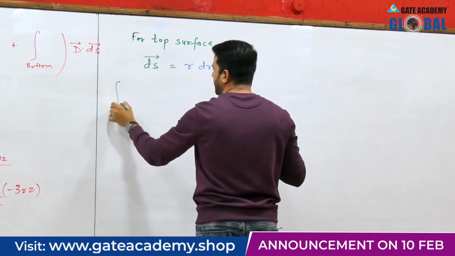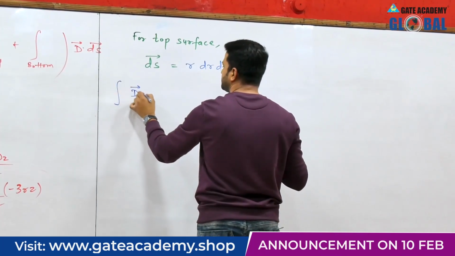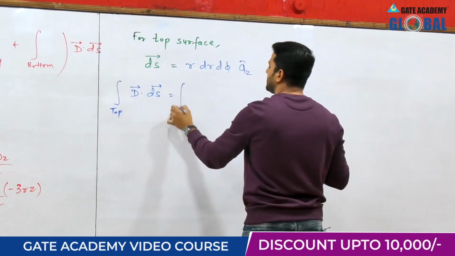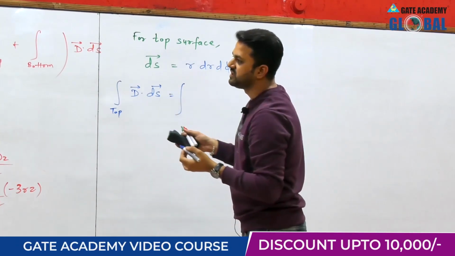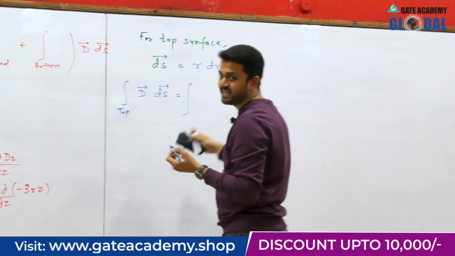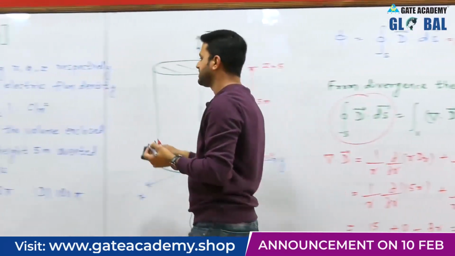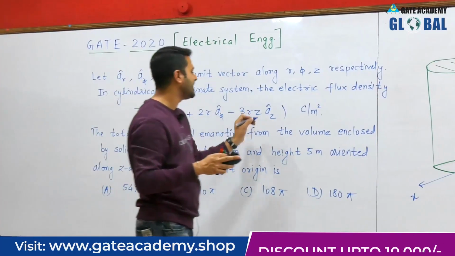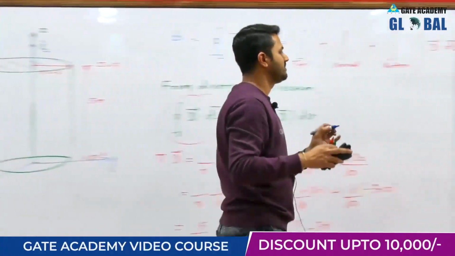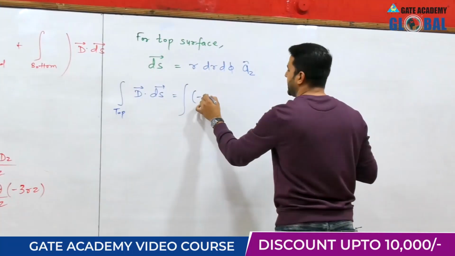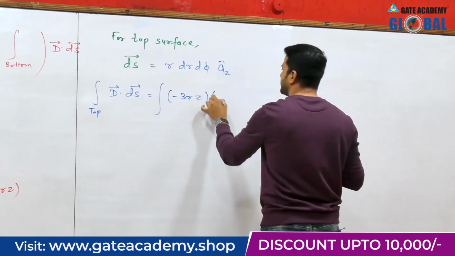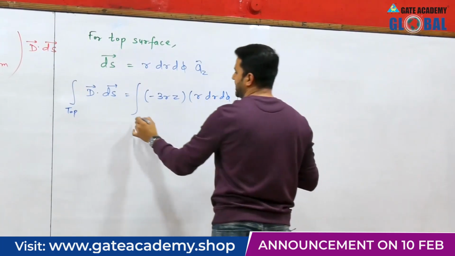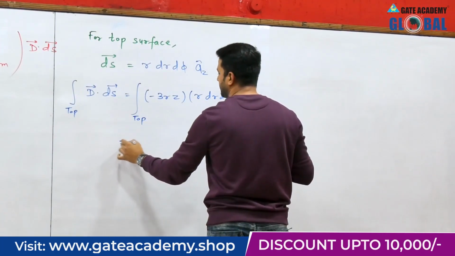Hence we get the integration of D dot dS over the top surface. Here we are having az, and that is az. So if we take the dot product, we get minus 3rz multiplied with r dr d phi, and this is over the top surface.